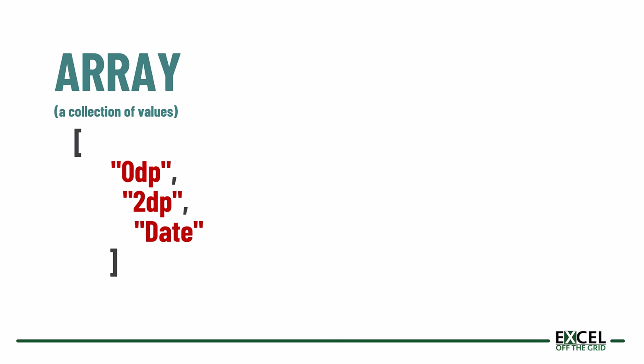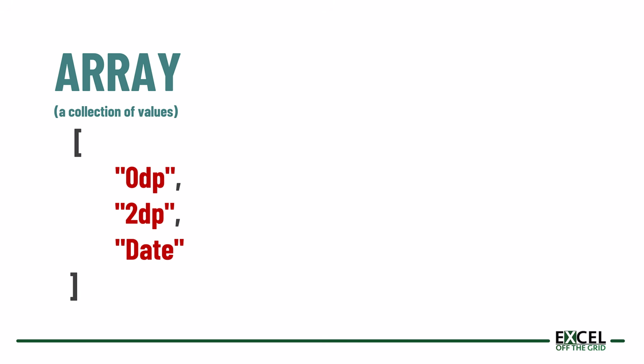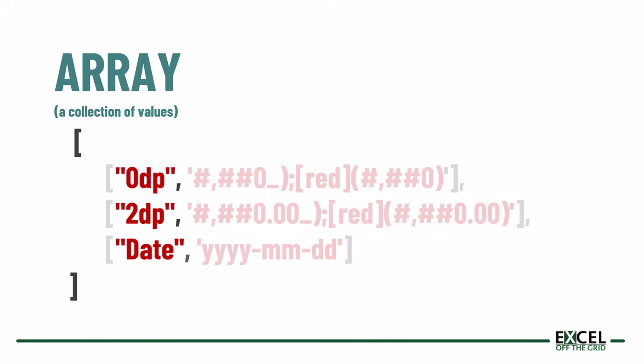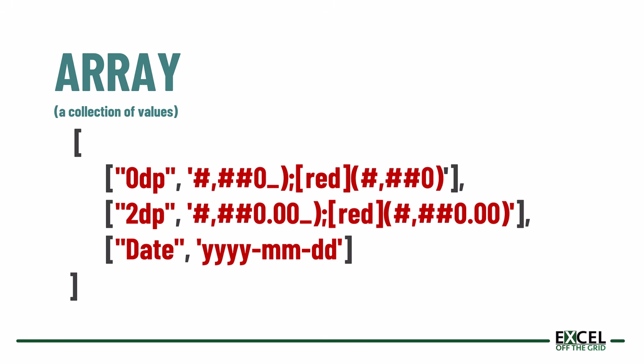But we're not restricted to a single value for each element in the array. Each of those elements could also be another array, which means we can nest arrays inside other arrays. Each subarray also starts and ends with square brackets and has a list of values separated by a comma.